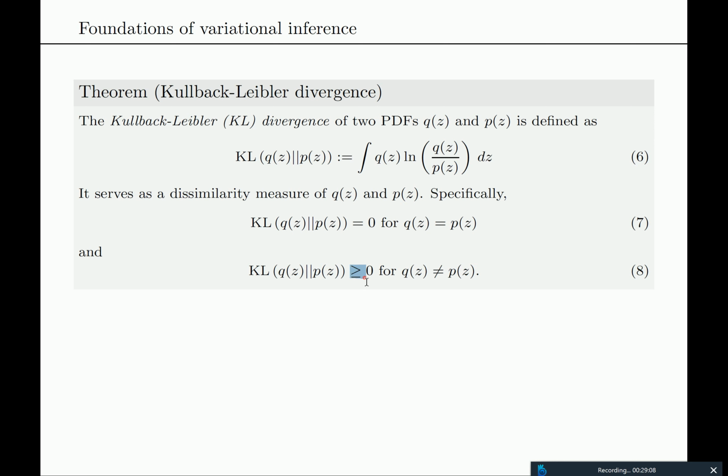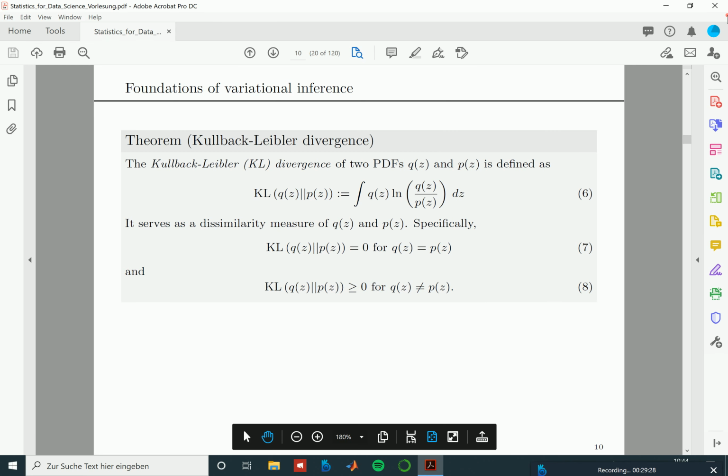Actually, the condition for equality, equals 0, can be strengthened to: Q(z) equals P(z) almost everywhere. I guess, yeah. Yes, if you say so.